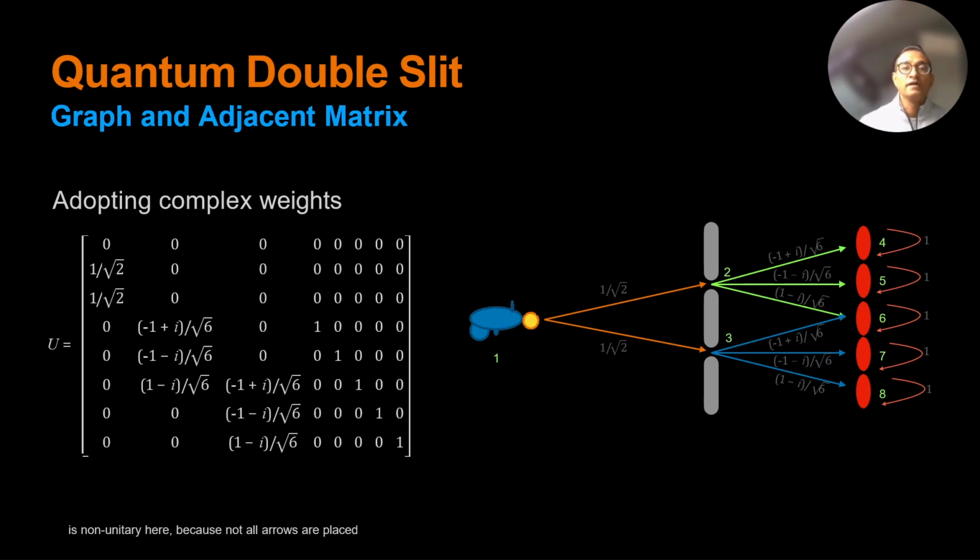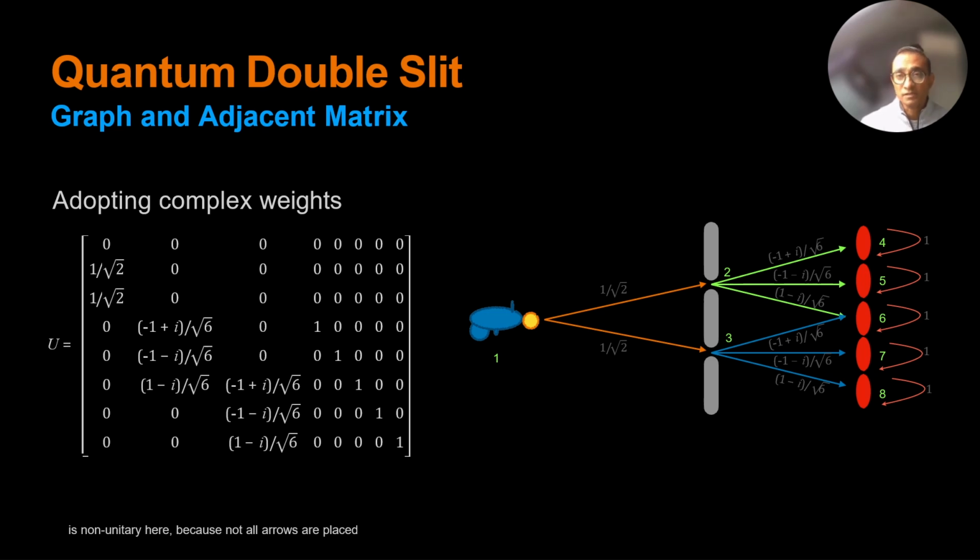Now, having said that, for the quantum double slit, we will not be dealing with probabilities, but with amplitude coefficients. And that's why you will see here that the notation of complex numbers, which is used basically to explain the amplitude coefficient, also comes into the picture.